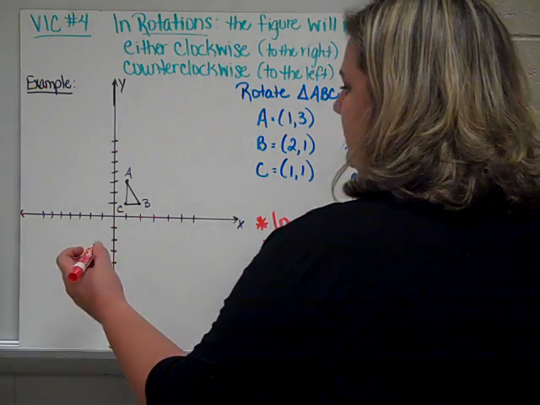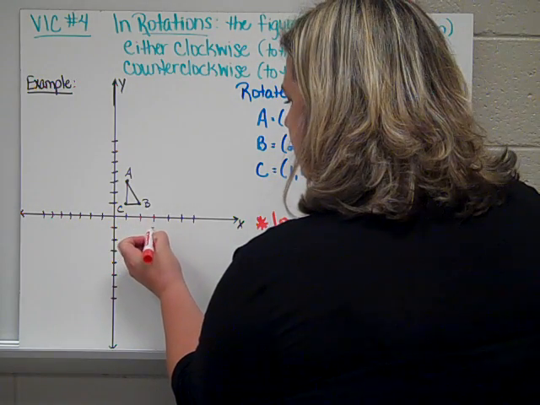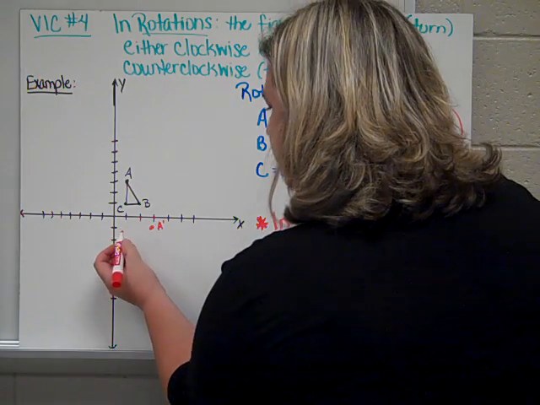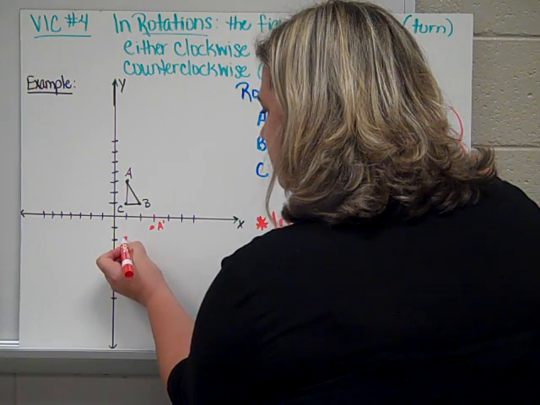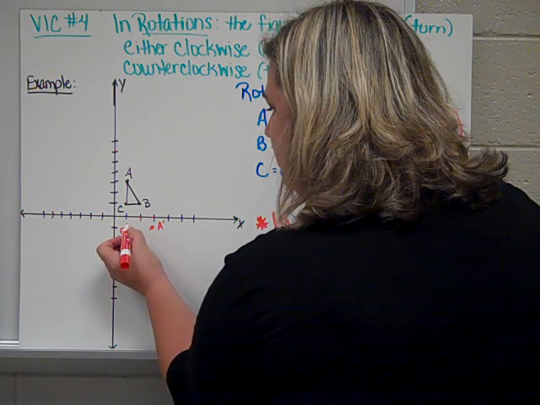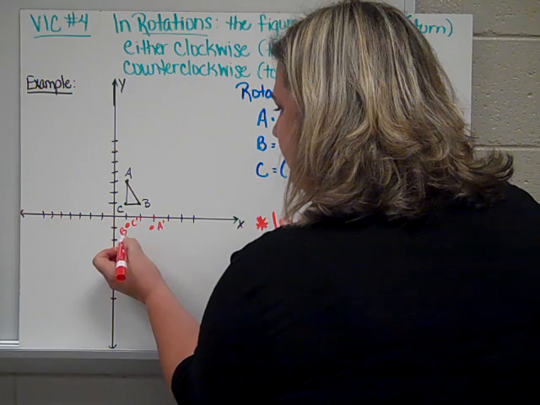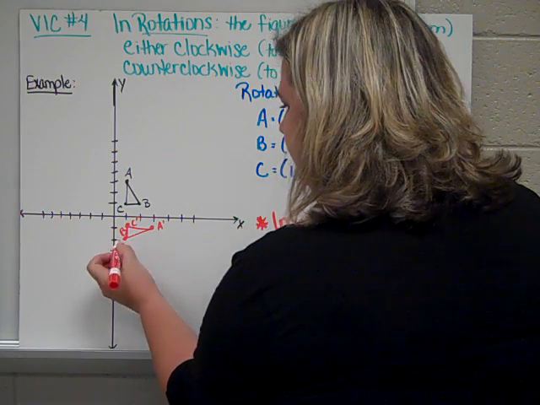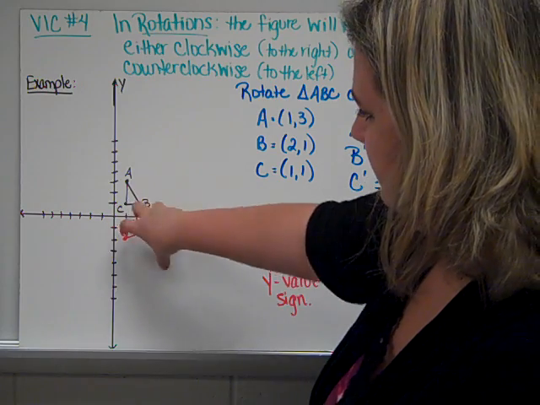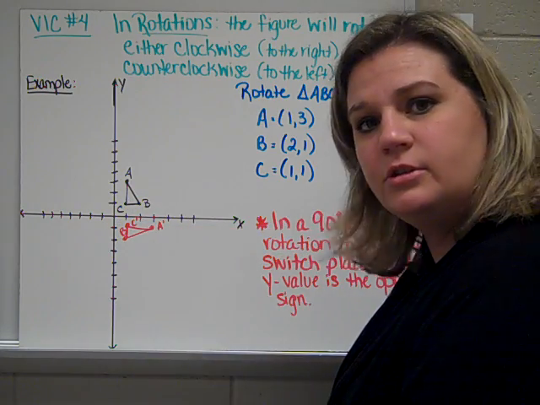A prime is at 3, -1. B prime is 1, -2. And then C prime is 1, -1. Does it look like we have rotated that particular triangle?